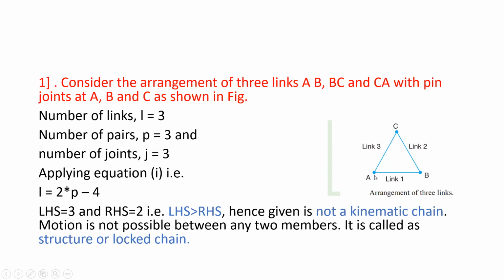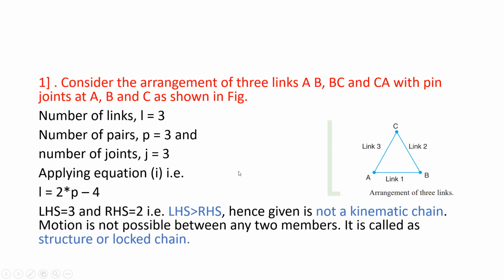And similarly if you want to slide one link with respect to another, it is also not possible, because this link 3 is connected here at A. Also the point C is connected with link 2, so you cannot just slide it. Sliding is not possible. They will just turn, but turning is also prevented. So it is called a structure or locked chain when left hand side is greater than right hand side. Okay. So in this way you can decide for any arrangement.